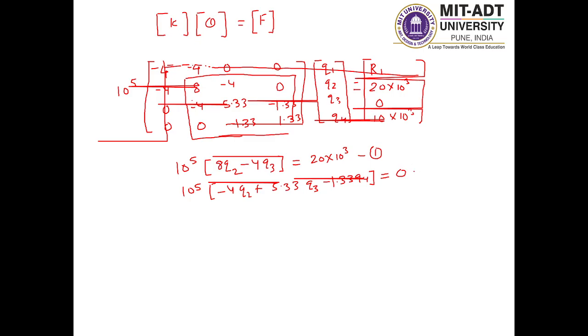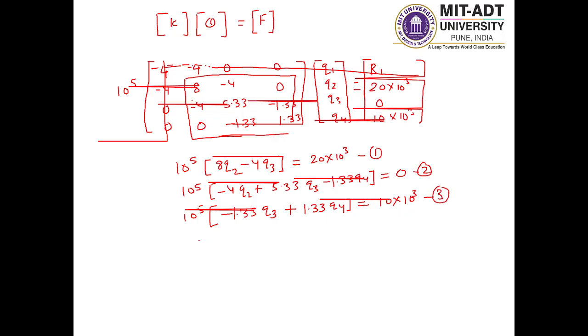Then this is equation number 2, and finally we will have equation 3. Here we will have minus 1.33 Q3 plus 1.33 Q4 will be equal to 10 into 10 raised to power 3. So this is equation 3.